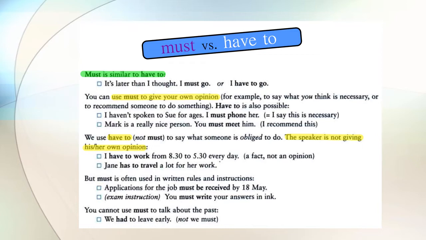The same is translated into Russian. You can use must to give your own opinion. For example, I haven't spoken to Sue for ages. I must phone her. I say this is necessary.